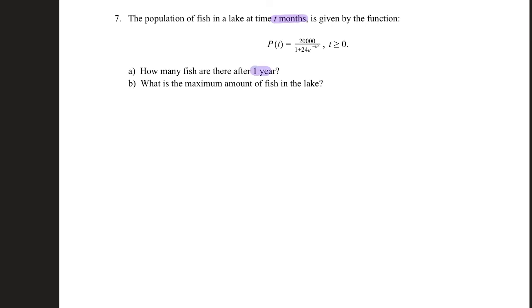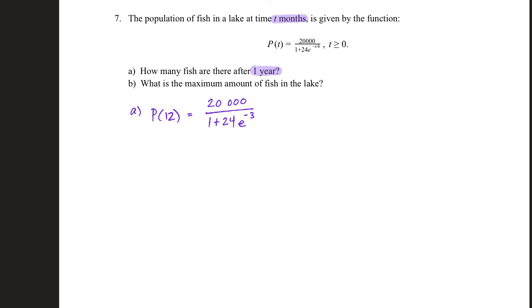And so when you're asked what is the population, how many fish do you have after 1 year, we have to make sure that we subbed in 12. So for A, I am looking for a P of 12. A common mistake would be just to sub in your 1. So that's going to give us 20,000 over 1 plus 24 e to the exponent -3.